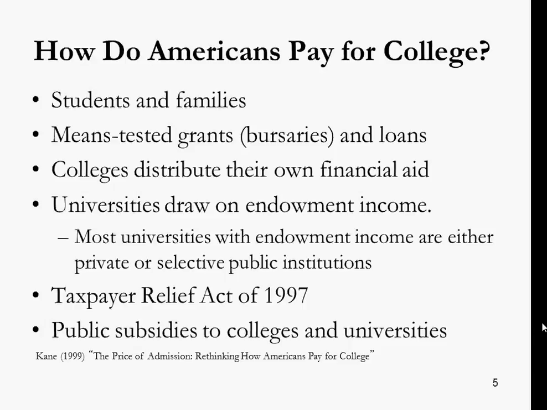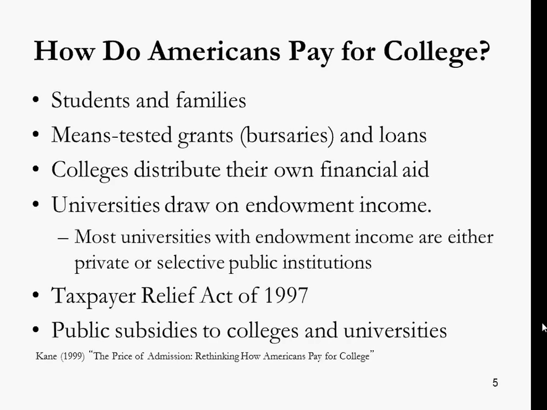There's some tax relief, at least for certain low and middle-income groups in the US, that started around 1997, which helps subsidize college. But there's also public subsidies to colleges through mainly state appropriations.